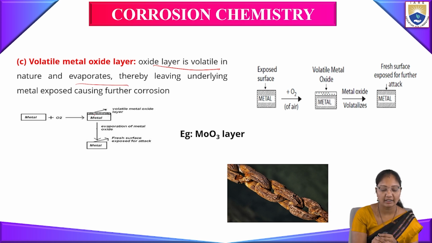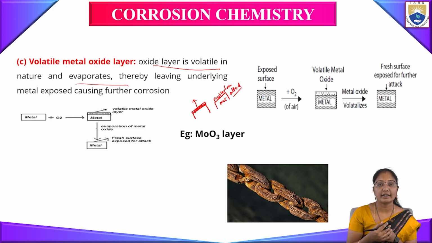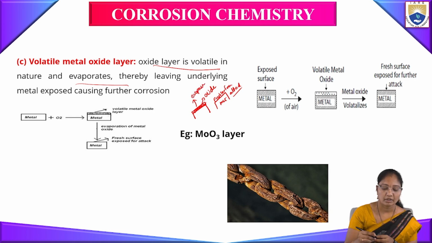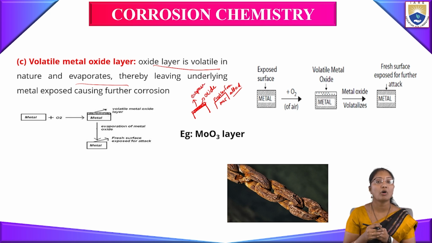So once the layer is formed, it evaporates, and then again this is the metal. So again this is the fresh surface which is ready for attack. This metal oxide layer evaporates. The example for this is the molybdenum oxide layer.